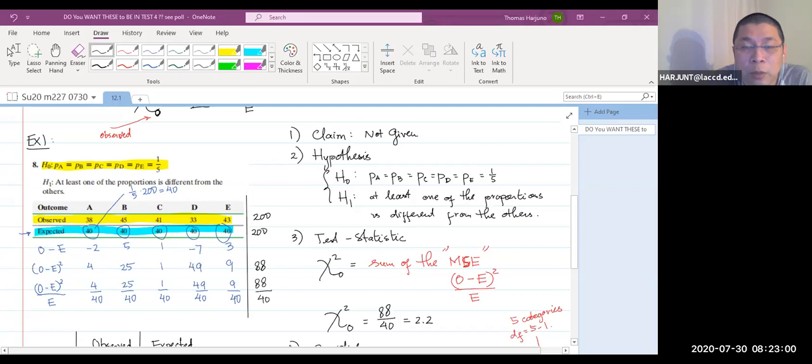Yeah, I'm checking with the book. Yeah, they say use alpha 5%. But if they don't tell us the alpha, then we basically do it ourselves. Yeah, I assume that's 5%.